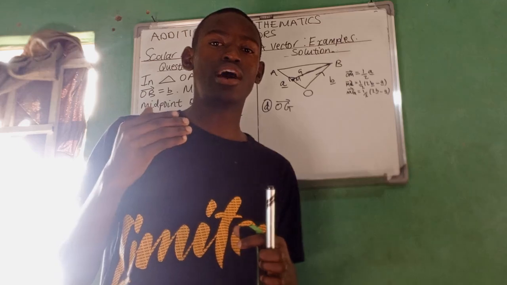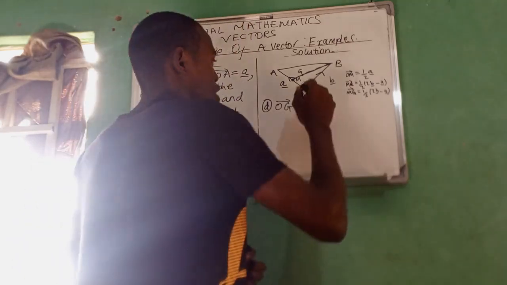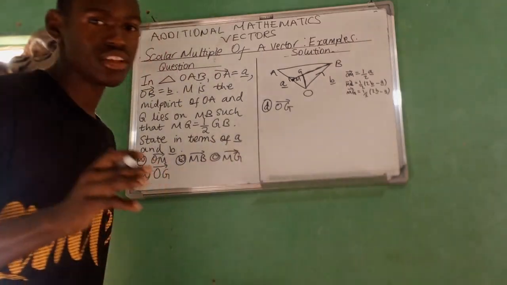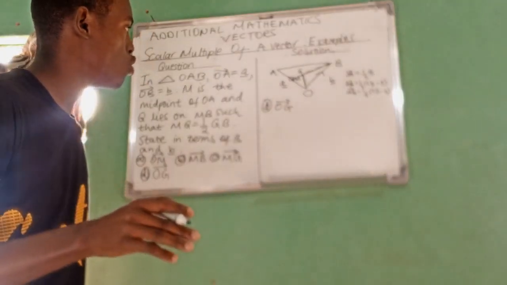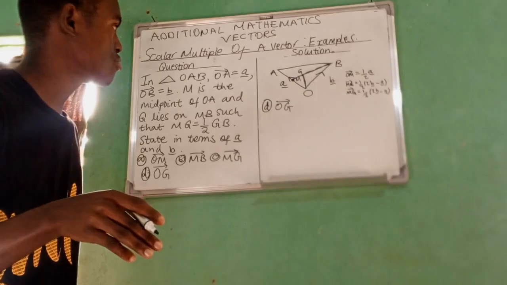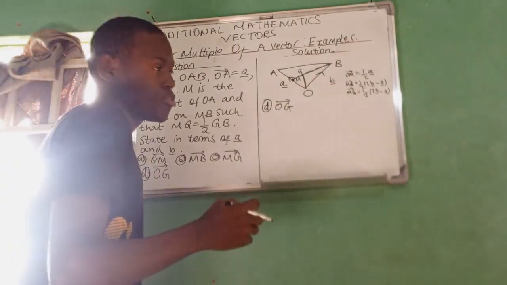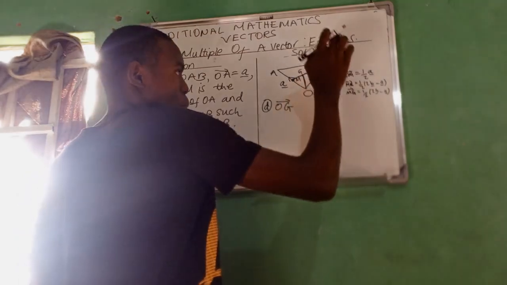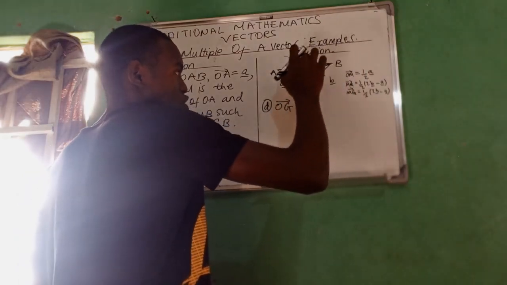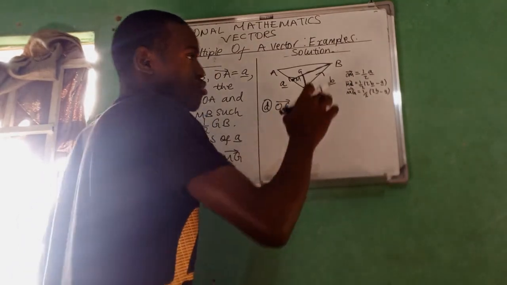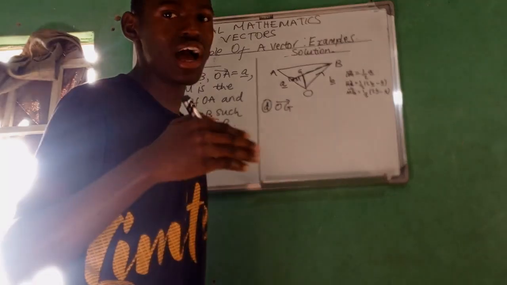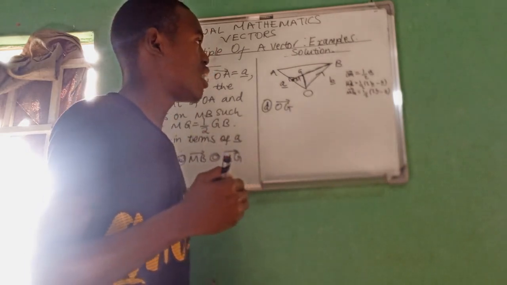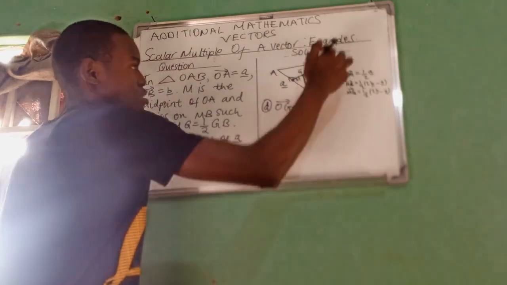So we are allowed to write the line OG, O to G. There are different paths you can take to go from O to G. You can stand at this point O, go from O to B, then B to G. Now this is not the best path because we do not know G to B. It means we would need more solving, and some questions will not just give you what GB is, or BG, which is B to G.